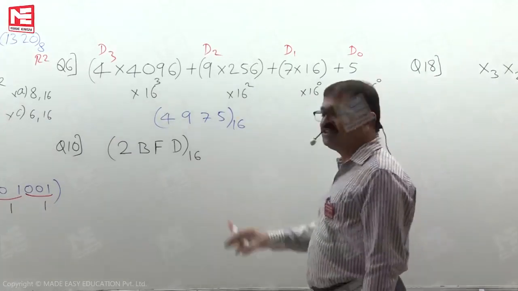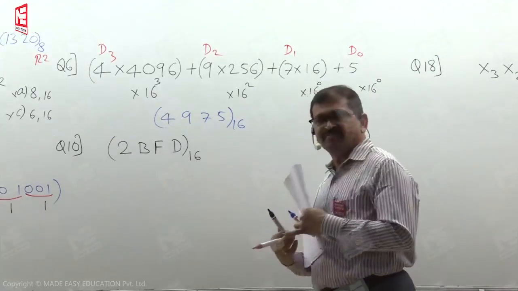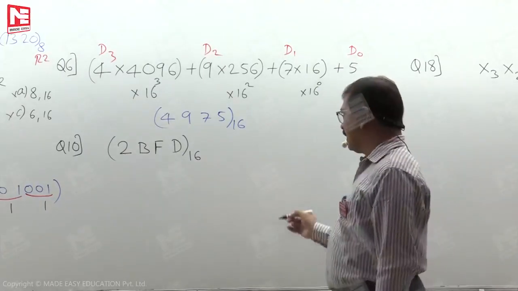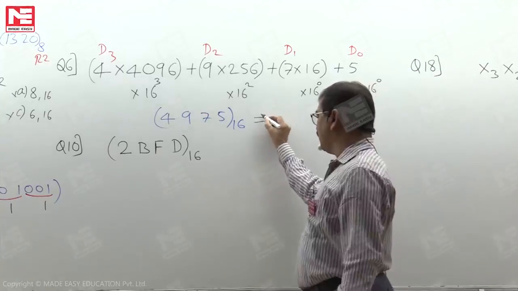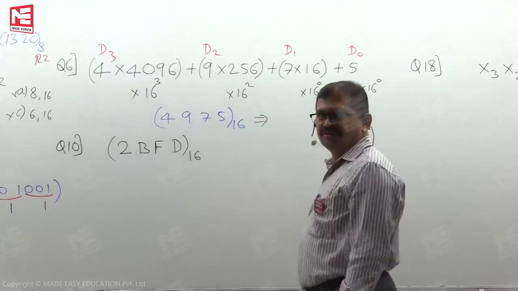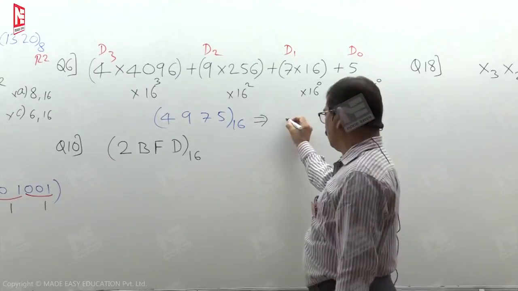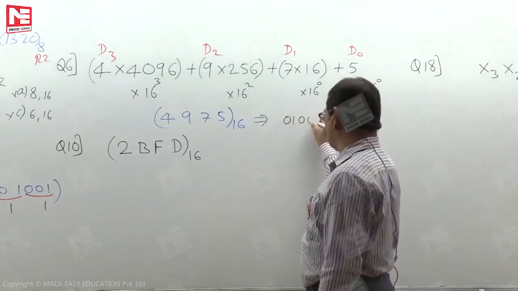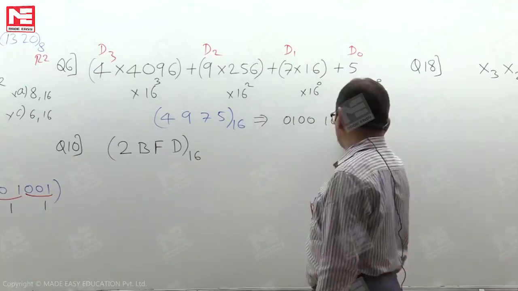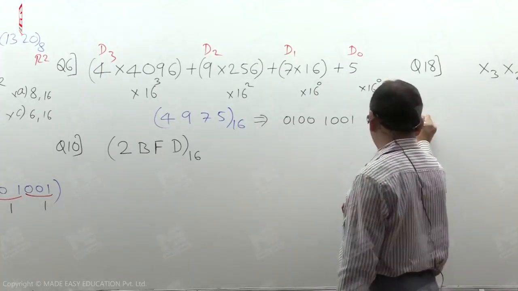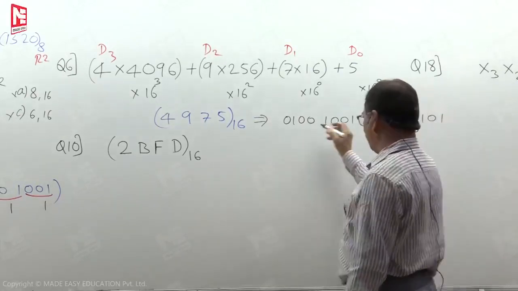So once we are reading this with the base of 16, to read the answer, there is no need to spend much time. For this, we read the equivalent binary format. Each hexadecimal digit is to be expressed using 4 bits. So this will be 0, 1, 0, 0 for 4, 1, 0, 0, 1 for 9, next 0, 1, 1, 1 for 7, next 0, 1, 0, 1 for 5.